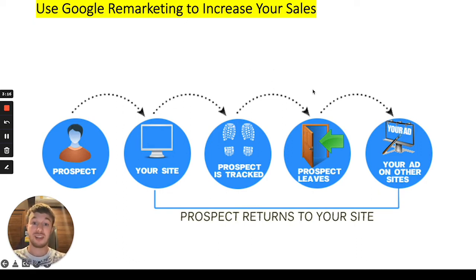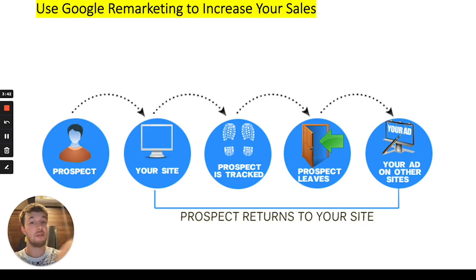So this is a simple but really powerful example. We have a prospect, they go to your website as an affiliate. No matter what you're promoting, dog training, baby sleep pills, whatever, many different options, weight loss. So imagine this, instead of just going direct for the sale, you're basically tracking your prospects.